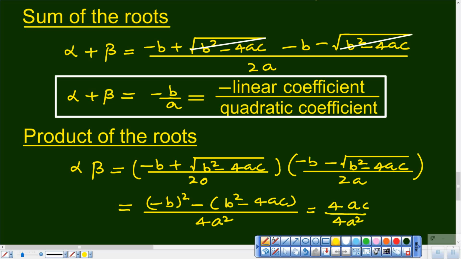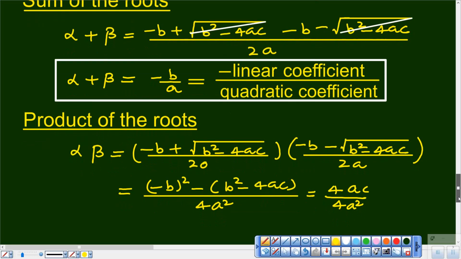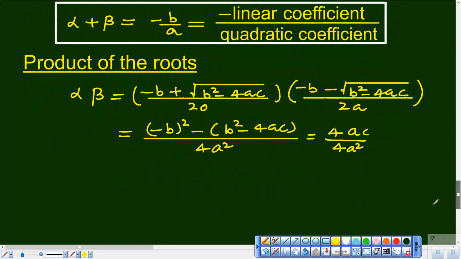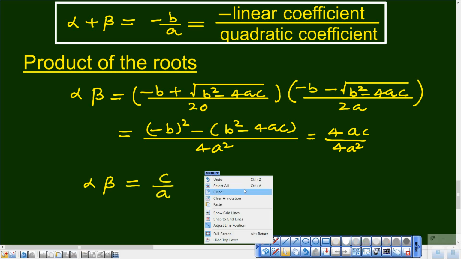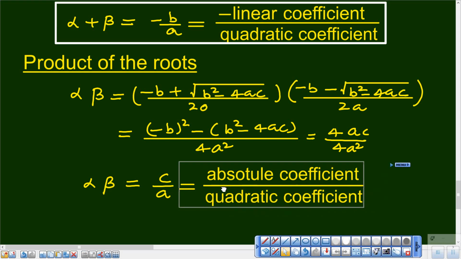And thus the product of roots alpha beta is equal to c upon a, that is c is the absolute coefficient, constant coefficient, upon the quadratic coefficient.